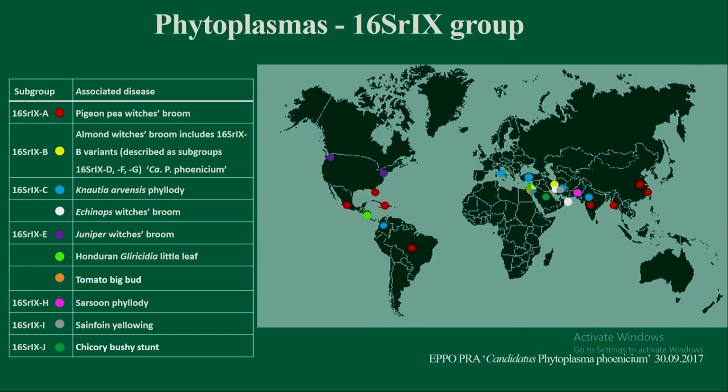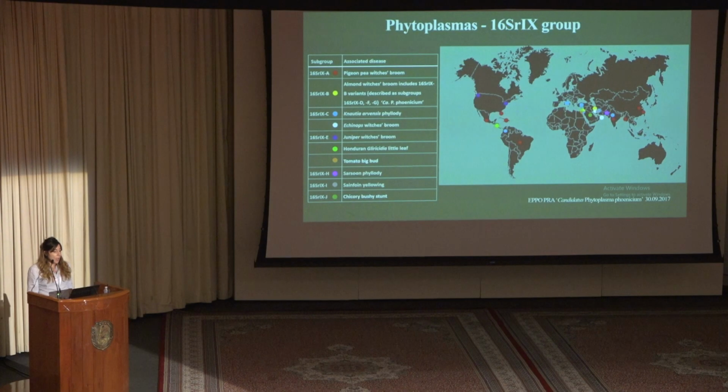Candidatus phytoplasma phoenicium is the only species described in this group, and in the Middle East, Candidatus phytoplasma phoenicium, classified in group 9B, and its genetic variants D, F, and G are associated with a lethal devastating disease on almond tree and nectarine tree in Iran and Lebanon.